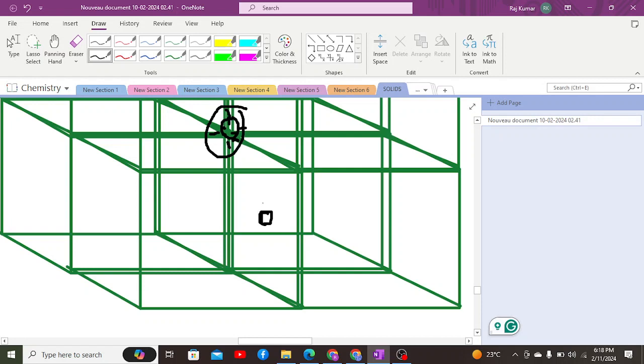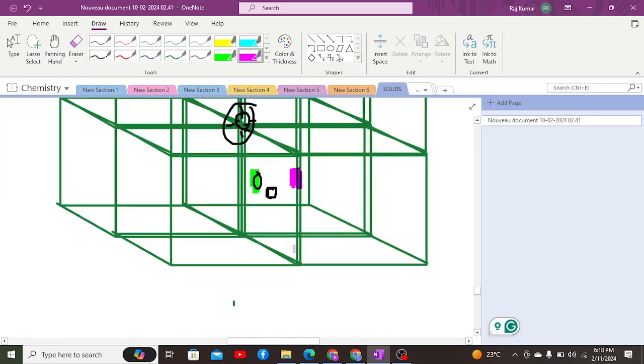Let's suppose this cube's face is denoted by green color, and here a similar face in the 3D structure is denoted by purple color. Now these two faces, joined together by a single chloride atom, will be sharing half of the chloride atom, which means the share of chloride atom to each face would be 1 upon 2.